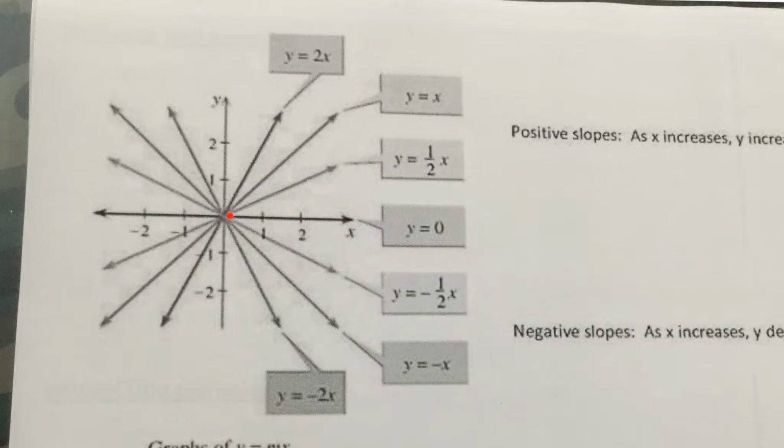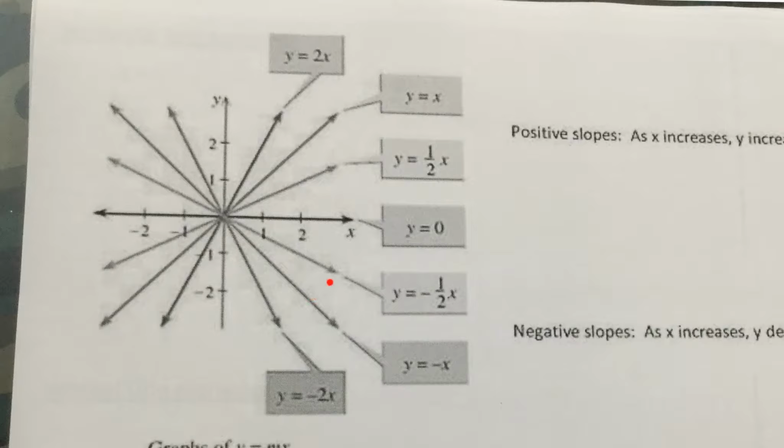As the number decreases, the steepness of our line decreases. Here's one that's even less steep, and its slope is even smaller at 1/2. My x-axis is another line that is flat. That is a slope of 0 because it's not rising, it's only running.